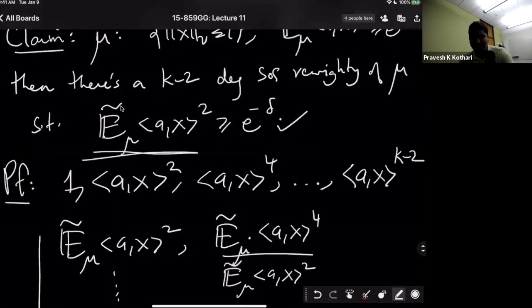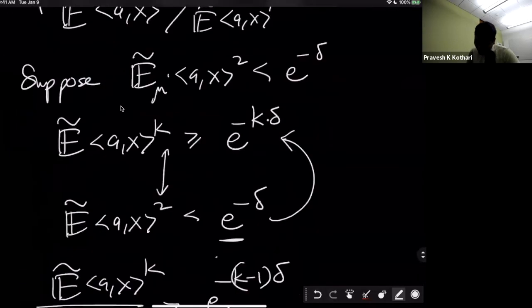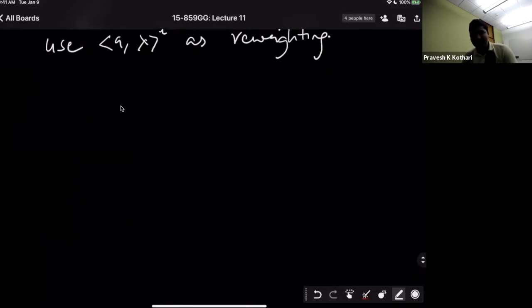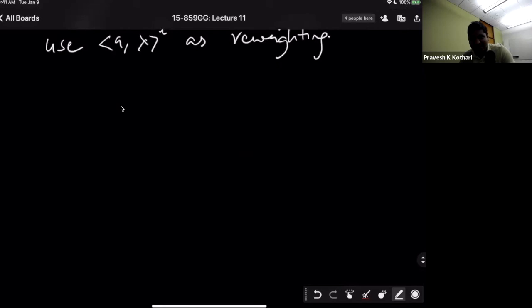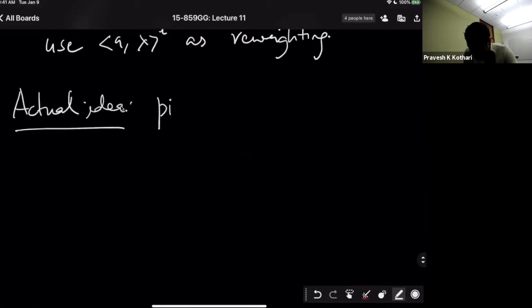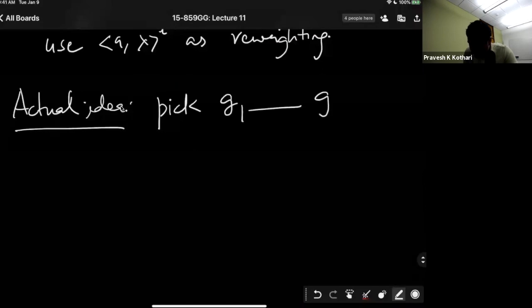So what's the idea? Well, the idea is that I'll actually pick just random Gaussians and reweight. This should remind you of Jennrich in a certain sense.